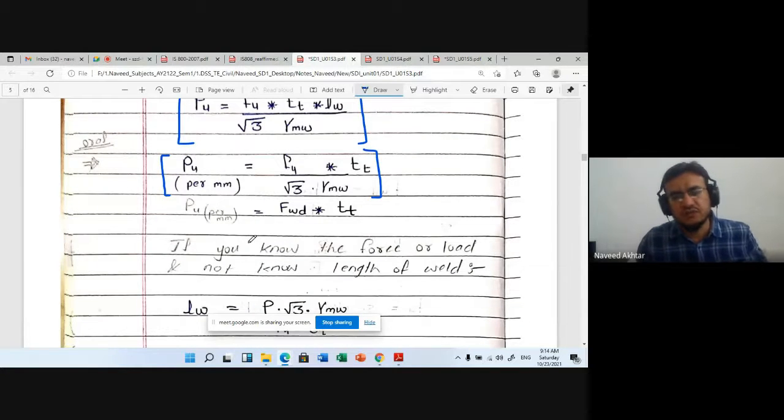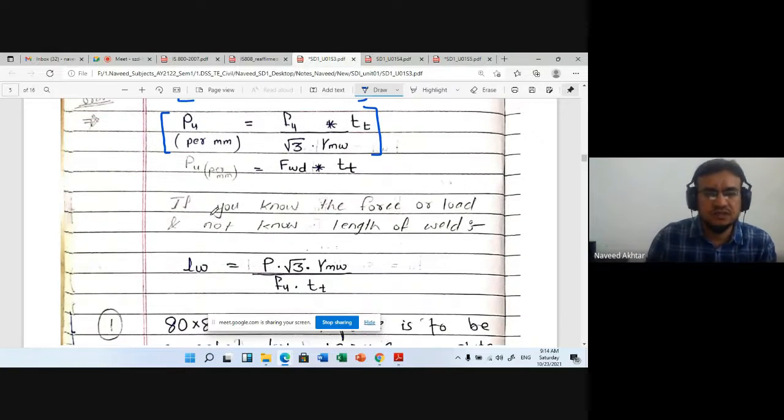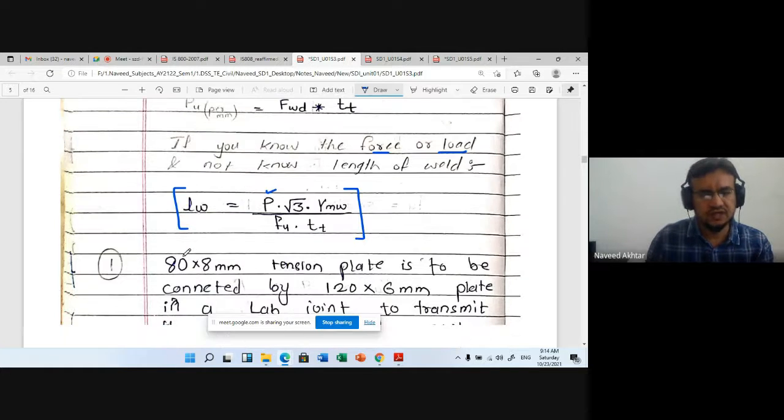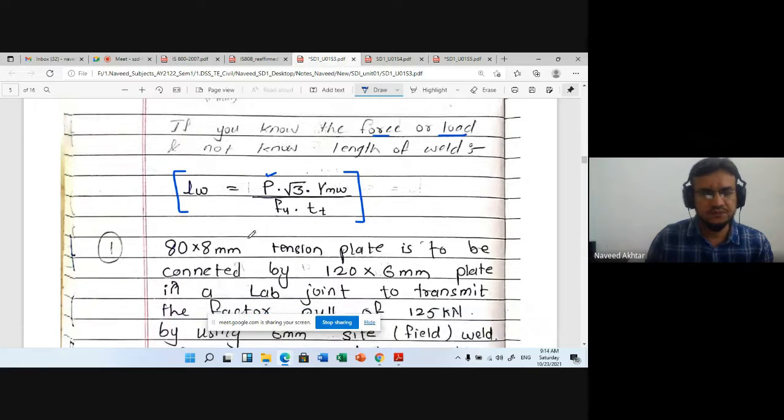The per mm strength of weld you can easily find out by using this formula. And if you know the force and you know the load, you can find out the length of weld. All the terms will be on the other side, and you can easily find out because you know the load here.